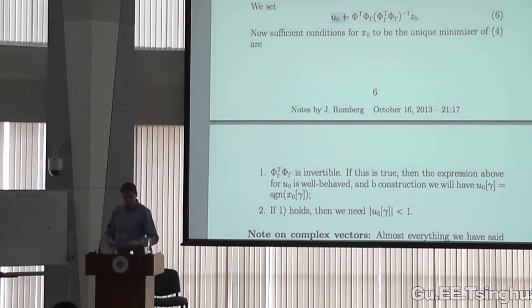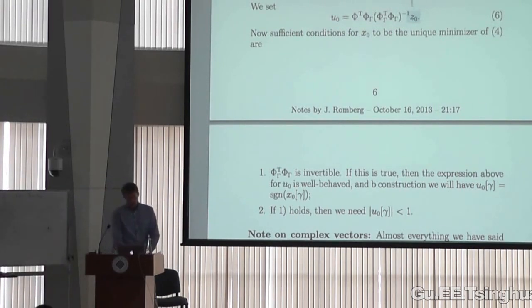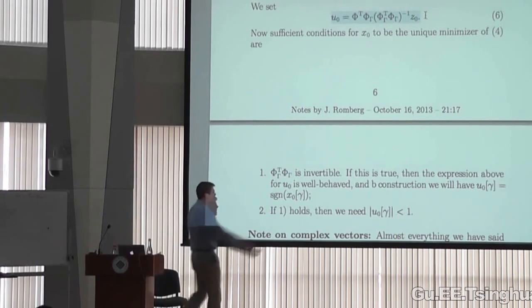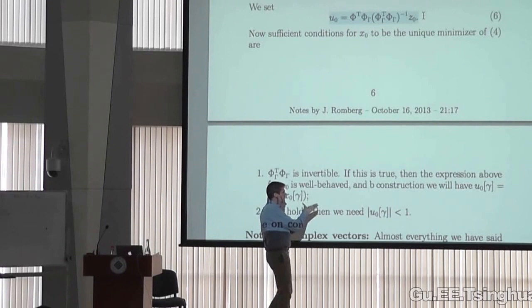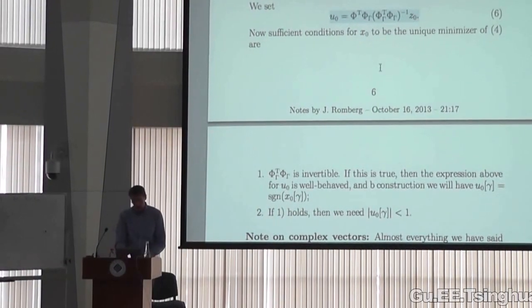That's by construction: on the support, phi gamma transpose phi gamma times its inverse just gives me z naught back. So if it's invertible, this expression is well defined, and you have the condition that u naught of gamma is equal to the sign of x gamma.